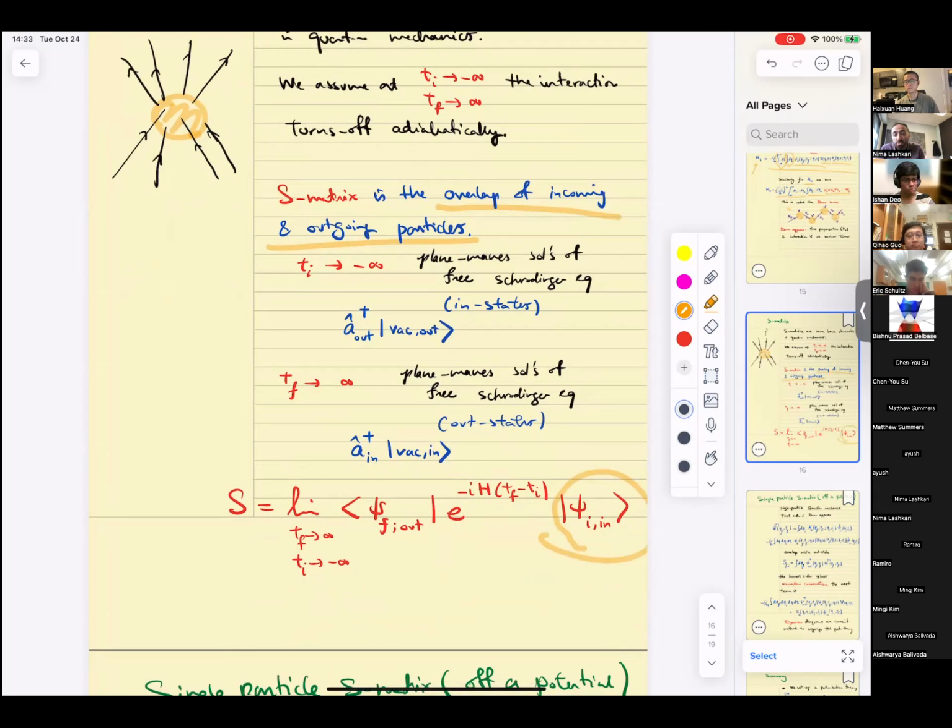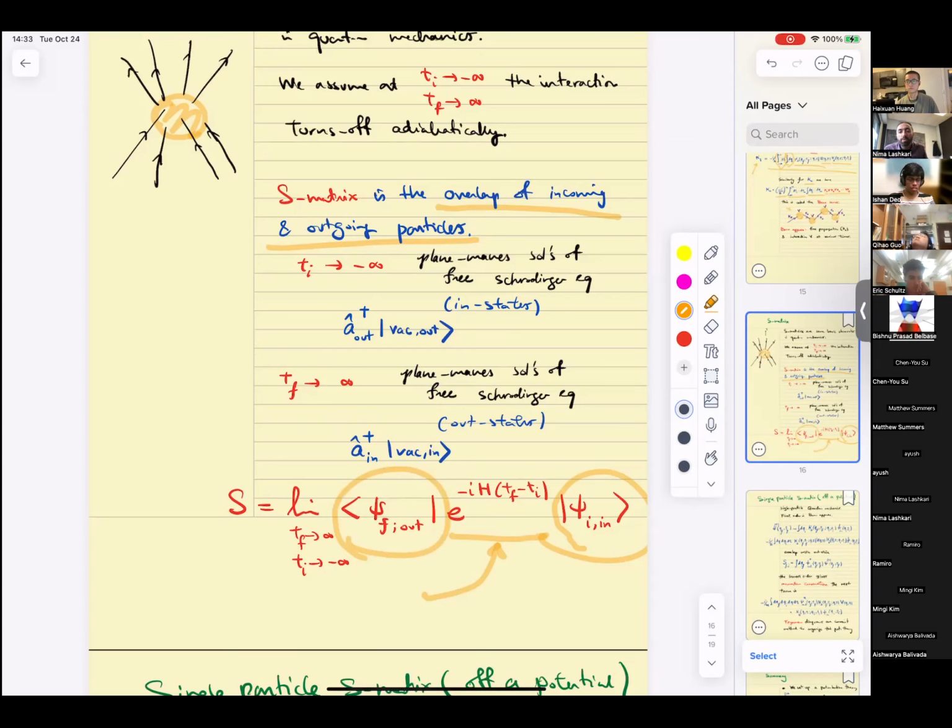It had a single particle in it, two particles, who cares? Evolve it with the Hamiltonian of the interacting theory all the way until eternity, and then compare it with the Fock states of the Fock space out. That's what the S matrix is.